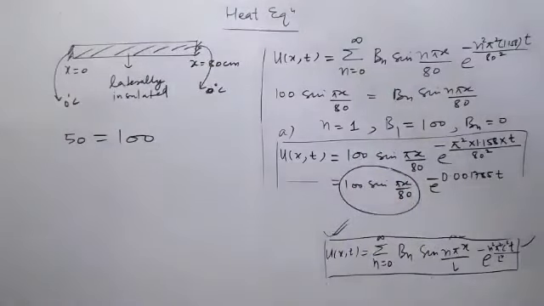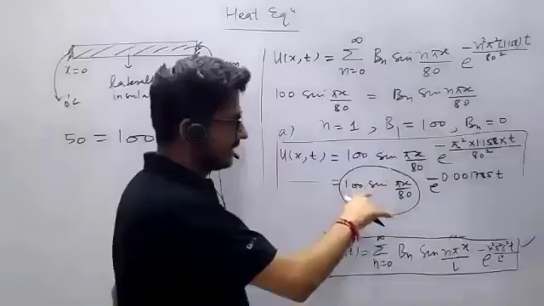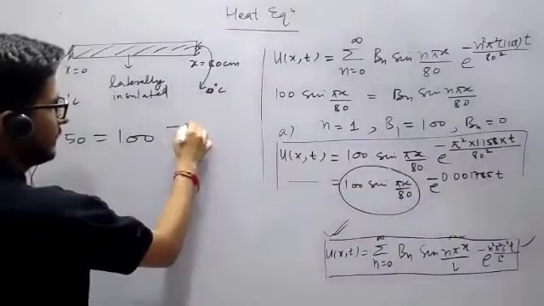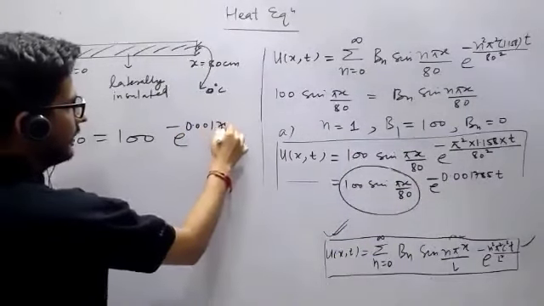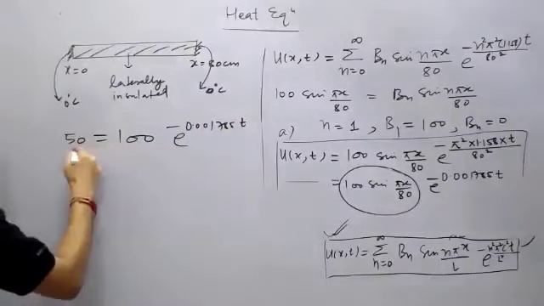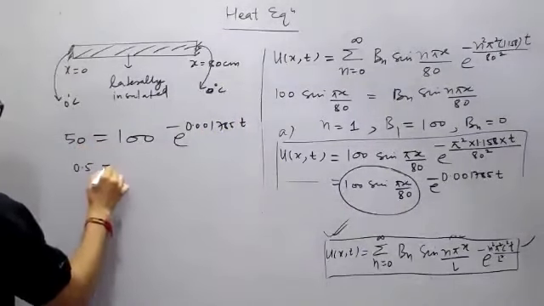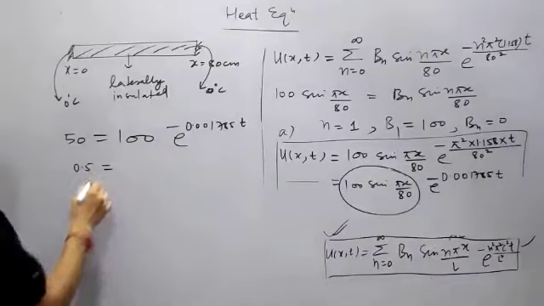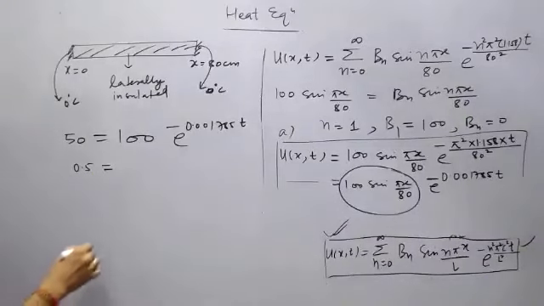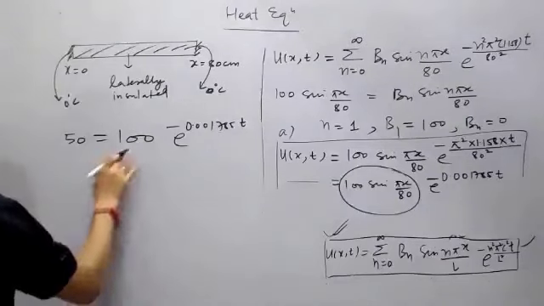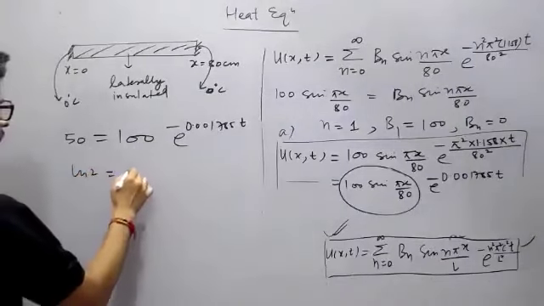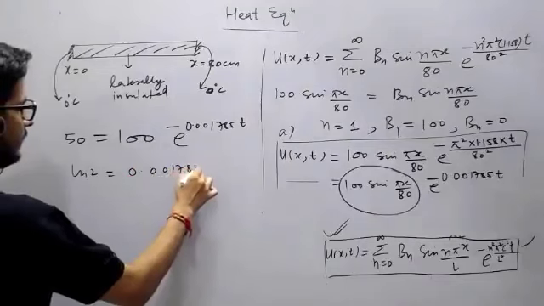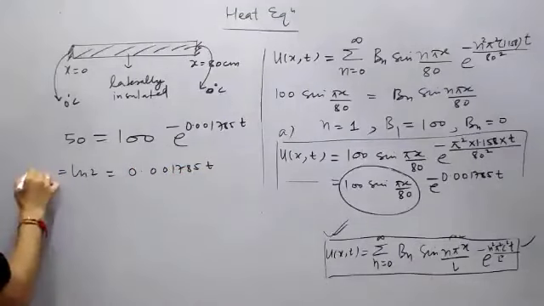So this amplitude will oscillate, but its maximum value will be 100 and e to the power minus 0.001785 t, so it will become 0.5 is equal to that. सर इसको log 1/2 कर लो सर। इसको ऐसे लिख देता हूँ, log of 2 is equal to 0.001785 t, okay, and this is सर 0.93.